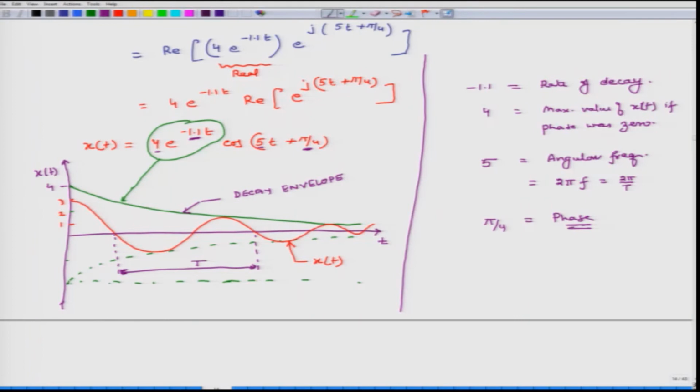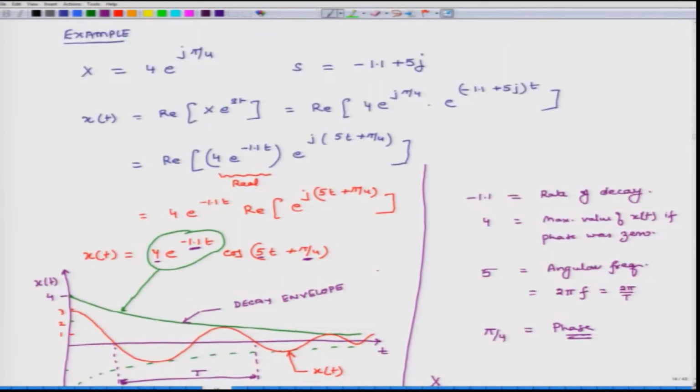So, remember x is the complex amplitude. It gives us two pieces of information, amplitude and phase.